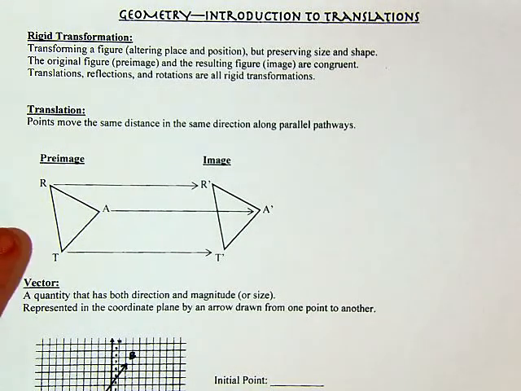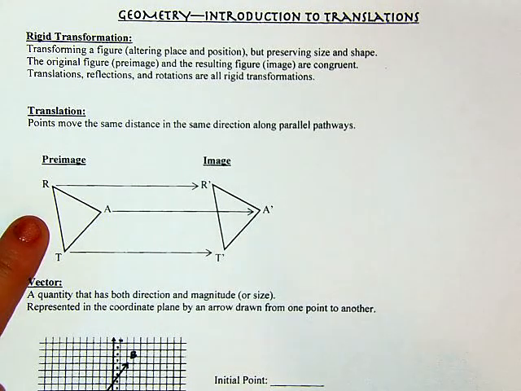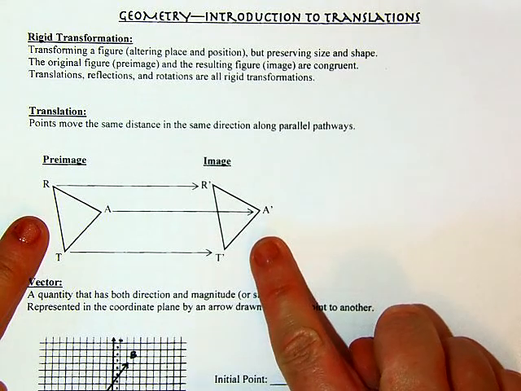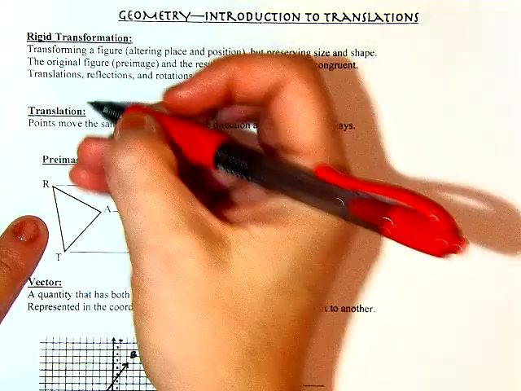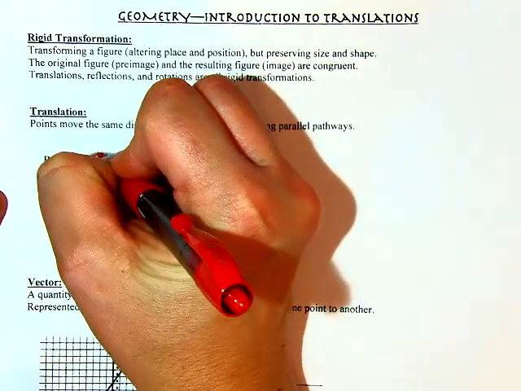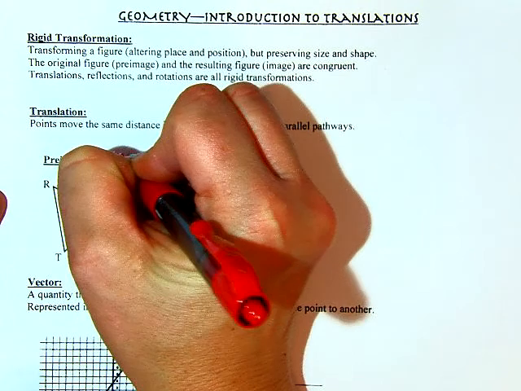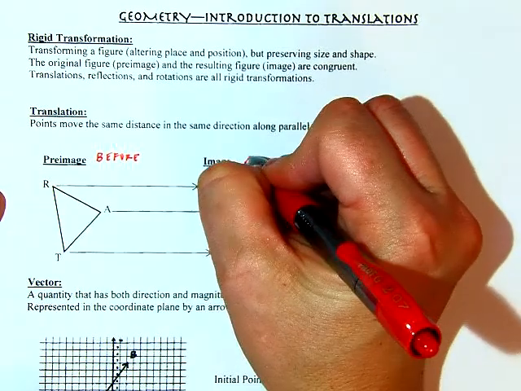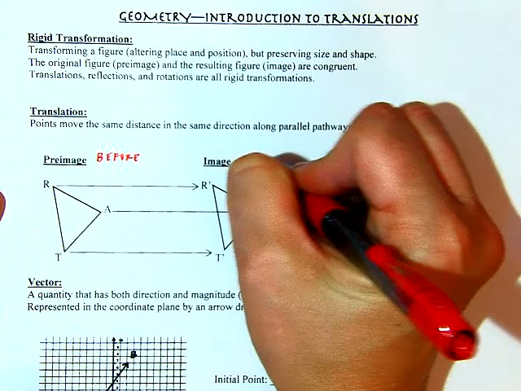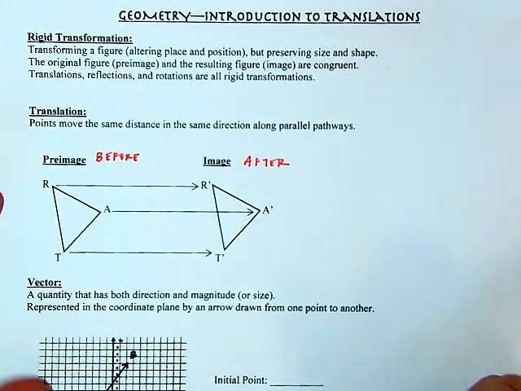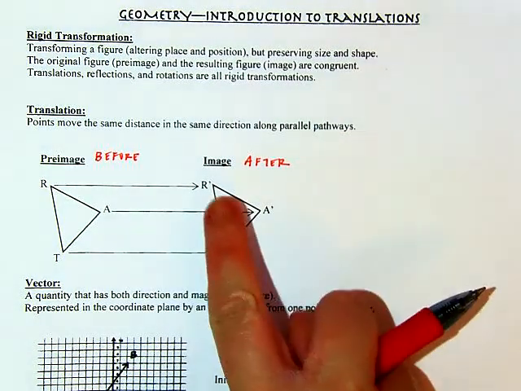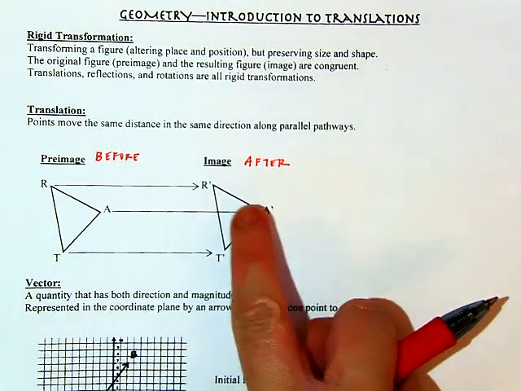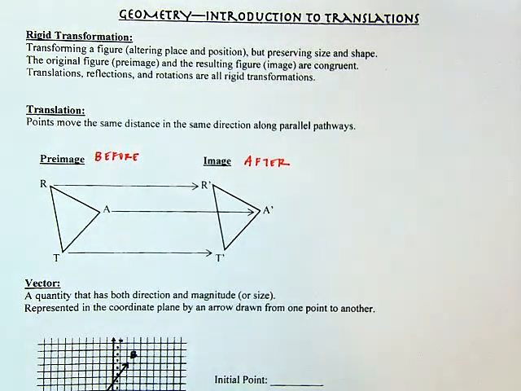So here I'm showing you that with a pre-image and an image. So your pre-image, like I said, is the before, and then the image is the after. Okay, and what you might see also is this little apostrophe looking notation that reads as prime.